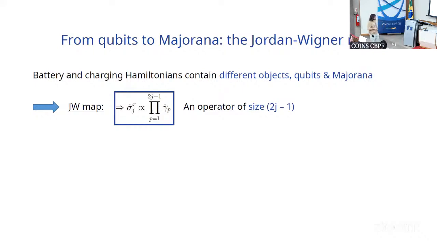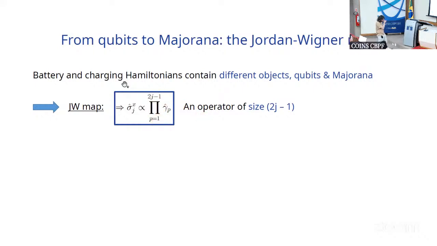It's exactly the same thing. And in particular, by doing the gymnastics, you see that, for example, the Pauli matrix in position j can be written, apart from some proportionality coefficient that I don't care about, as a product of all the Majoranas from 1 to 2j minus 1.